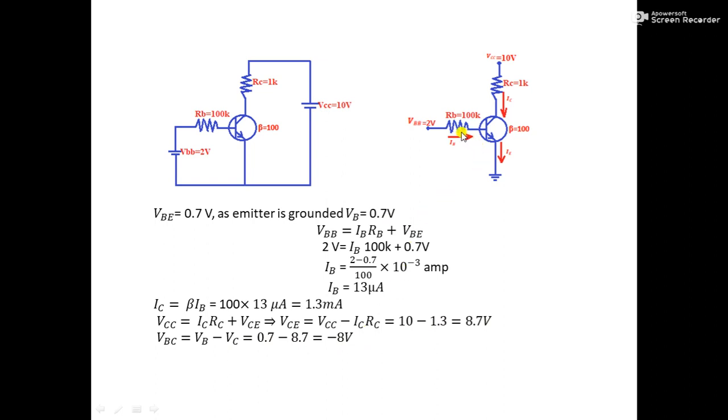So the base collector junction is reverse biased, and we also have that the base emitter junction is forward biased, so it satisfies the condition for operation of the transistor in the active region, because this junction is forward biased and this junction is reverse biased. So we can say that the transistor is operating in the active region.